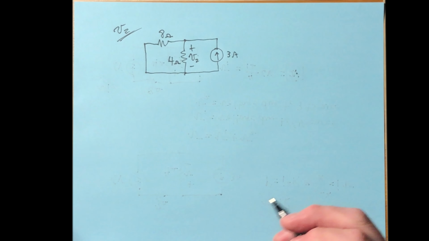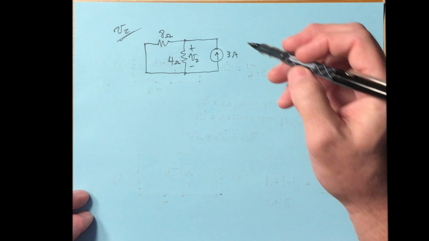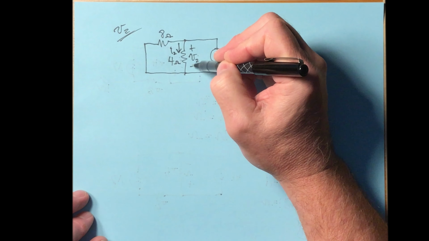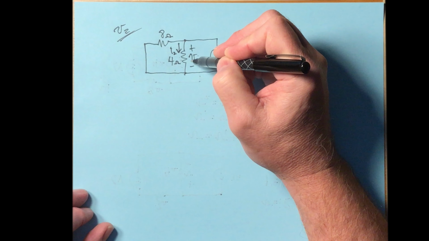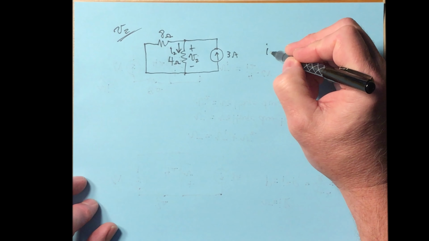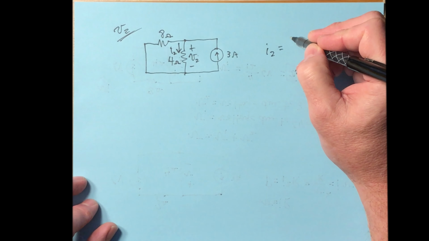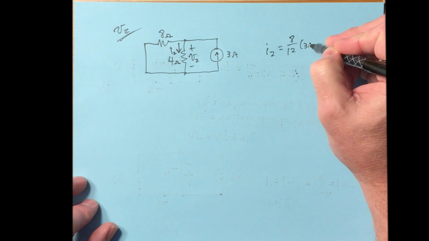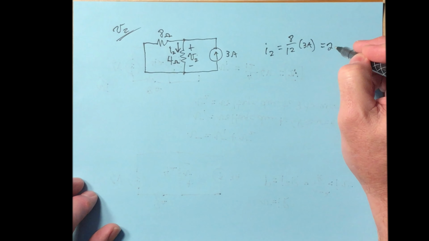All right, now you might recognize this as a current divider. So if we define the current I2 going through the 4 ohm here, then I2 is going to be 8/12 of 3 amps, 2 amps.